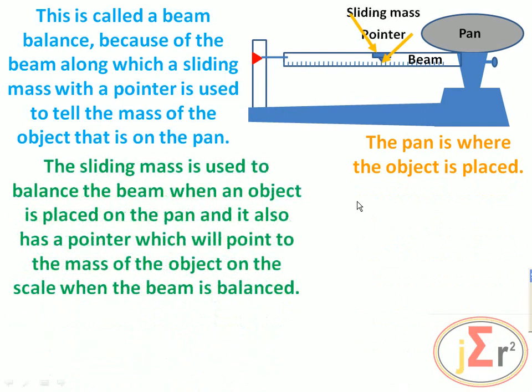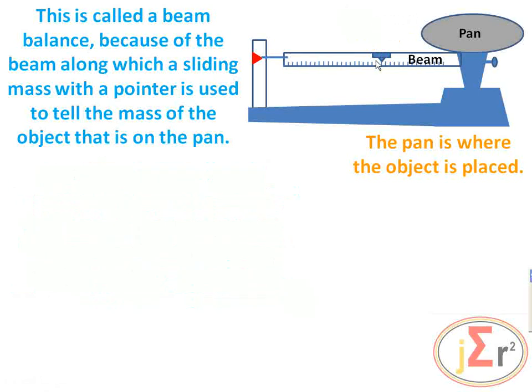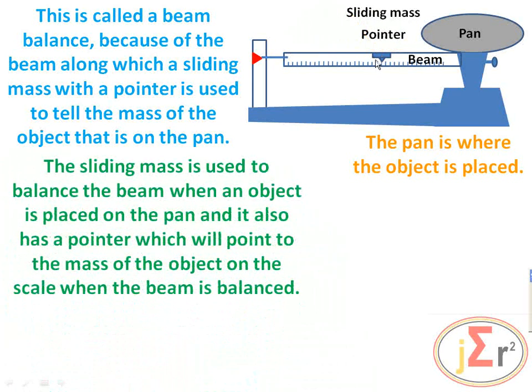The sliding mass is used to balance the beam when an object is placed on the pan, and it is also accompanied by a pointer which will point to the mass of the object on the scale when the beam is balanced. So we have the sliding mass right here. As we see, the mass can slide in any direction and it can slide back again.